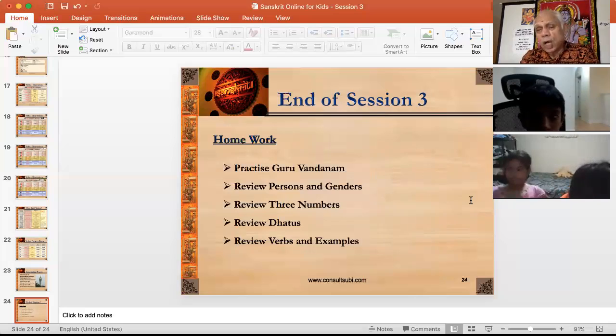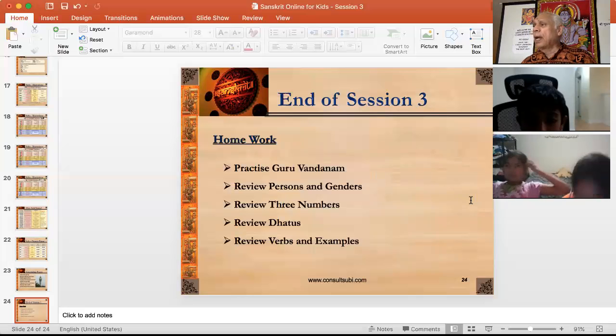But as we go along, I'm going to explain what dhatus are coming and how the words get built up. We also had some verbs and examples. Take a look at them. This is the homework I'm giving. Keep writing them. Next time, I'll give you an exercise based on this so that you can practice what you have learned. With that, I'm going to end this session and unmute you.